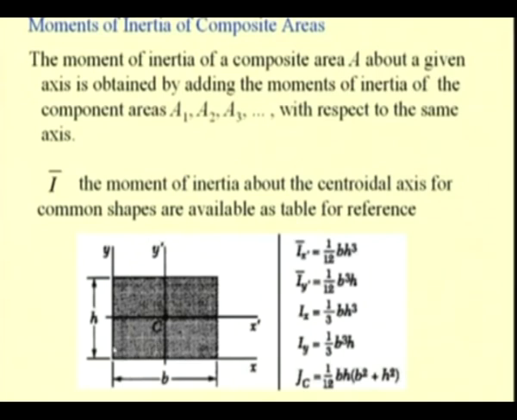For many areas of standard shapes like triangles, rectangles, these quantities are known, and for an area which is composed of such simpler areas, we can determine the second moment by considering these individual component areas.